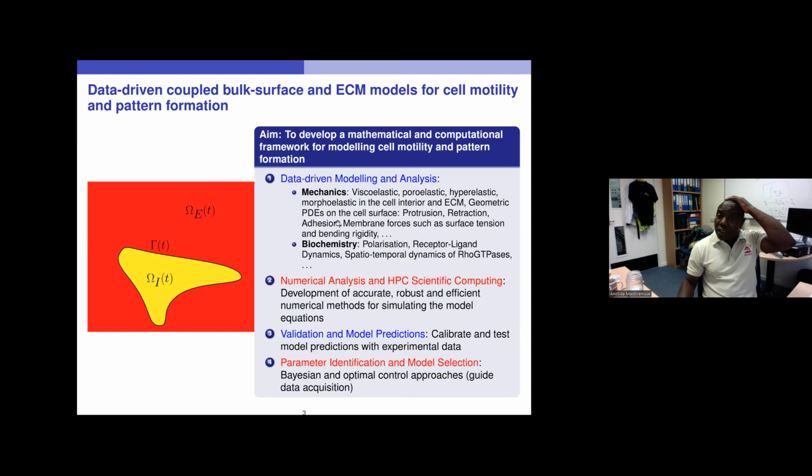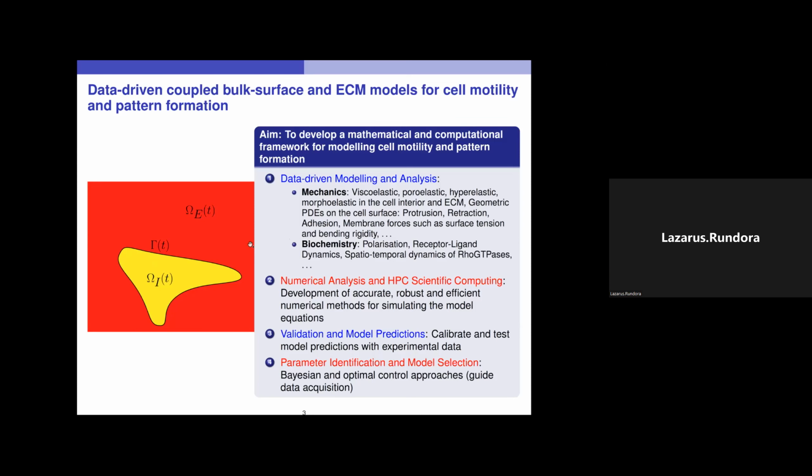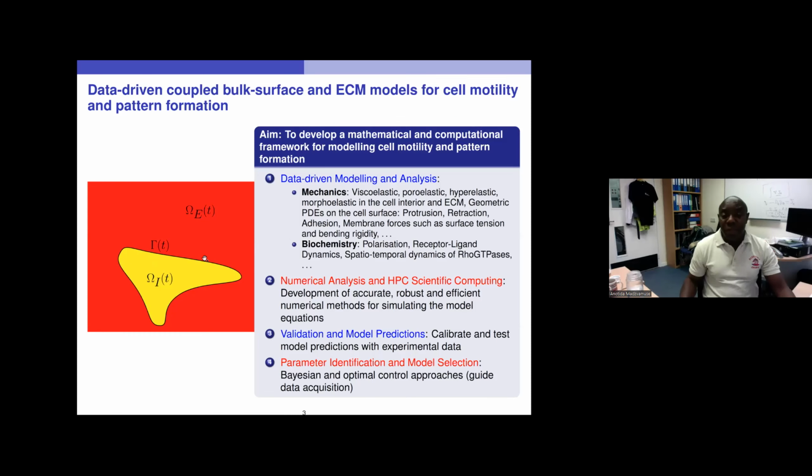I want to look at mechanics that describe the interior of the cell as well as the exterior, the environment. Typical models are viscoelastic, poroelastic, and so on, depending on what you want to solve: either just the membrane or the bulk, which is the interior of the cell, the cytosol, and so on.